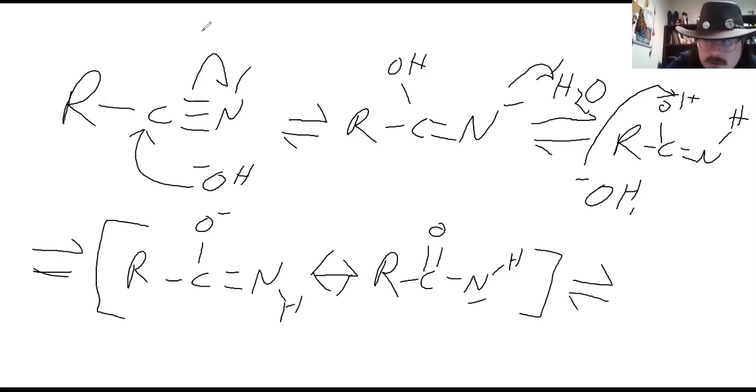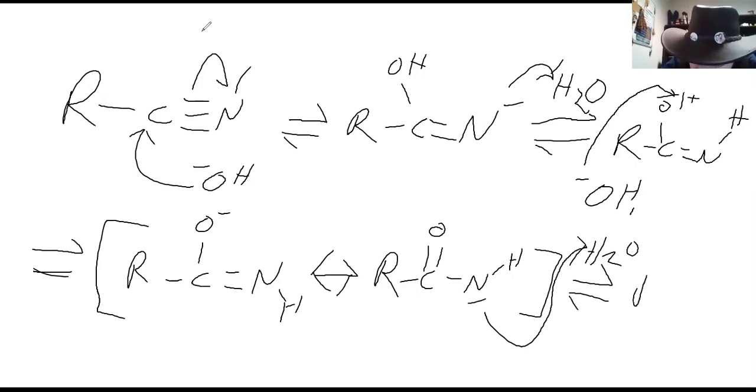Yes, it could reverse and get me right back to there. You can deprotonate our water and get me right back to there. But if it does, that's not moving me in the forward direction. So that gets me my R, C, double bond O, and H2. There's my amide. And of course, my hydroxide.